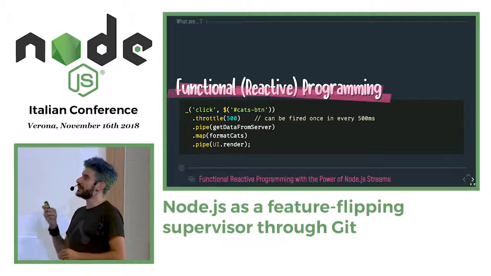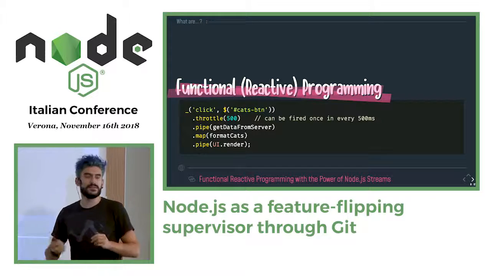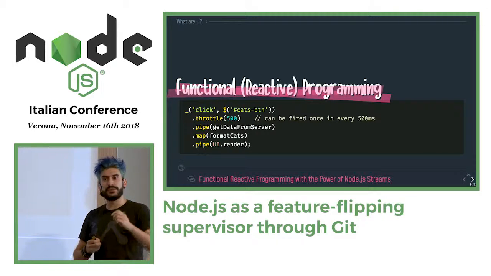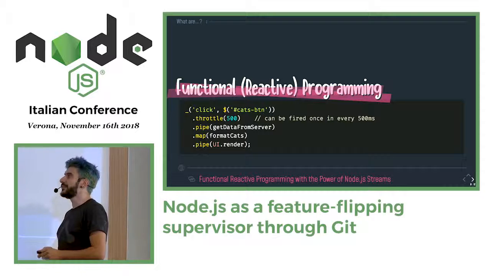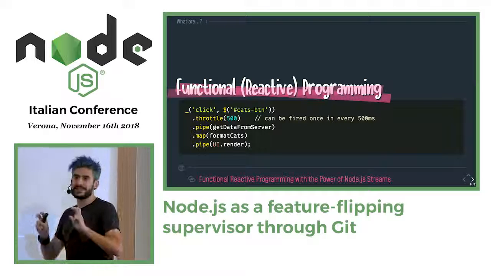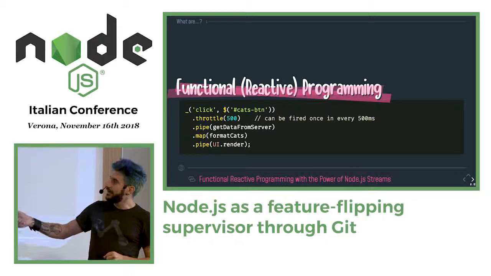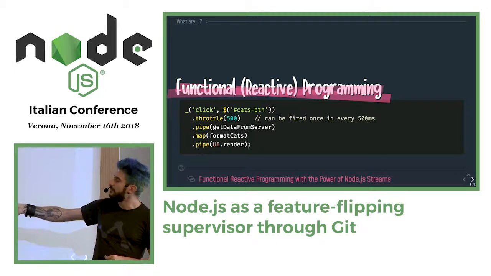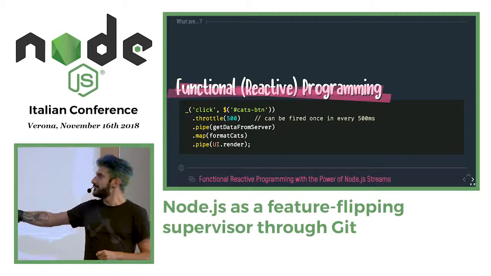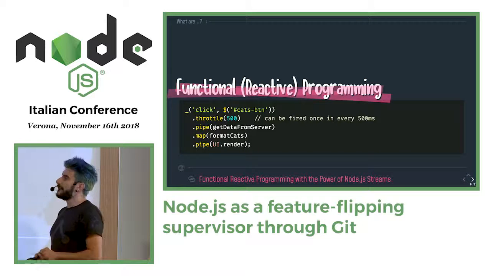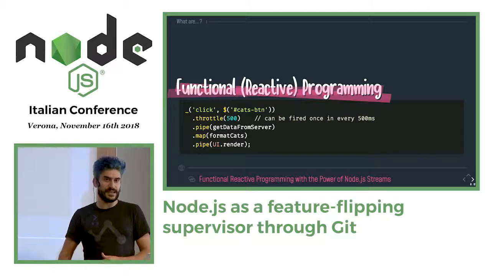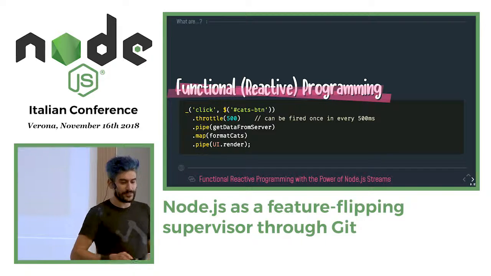What is interesting with functional reactive programming is that you can use any kind of stream to adapt your code and to plug in your code. So you can do that with some stream that is created by a user, exactly what we did here when we click on the button and you finally choose to fire that every 500 milliseconds and so on. But you can also do that by using Node.js streams. And that's why it's really interesting.